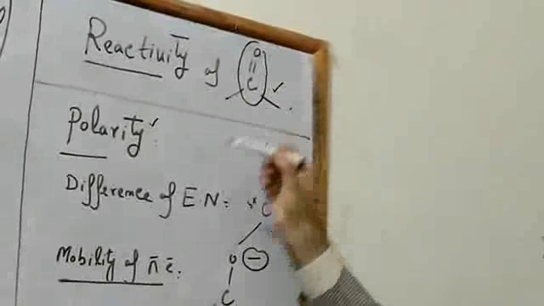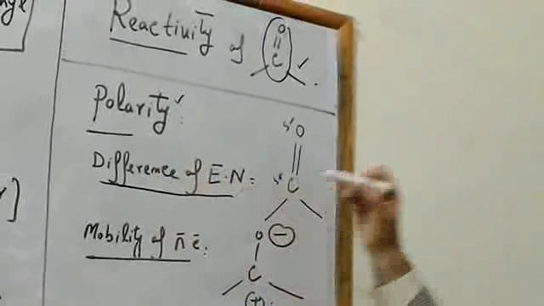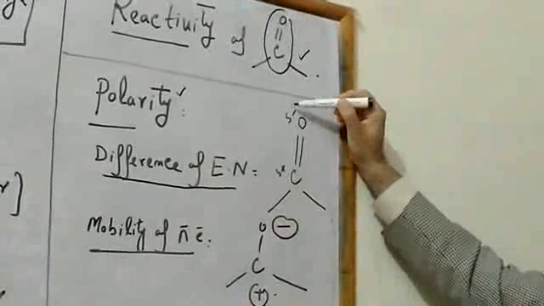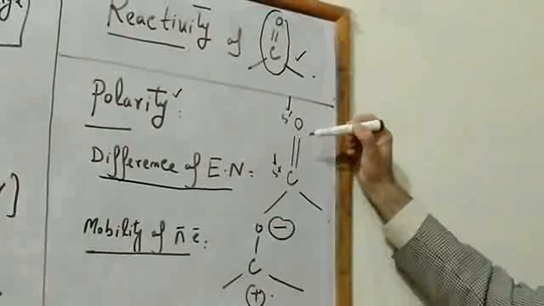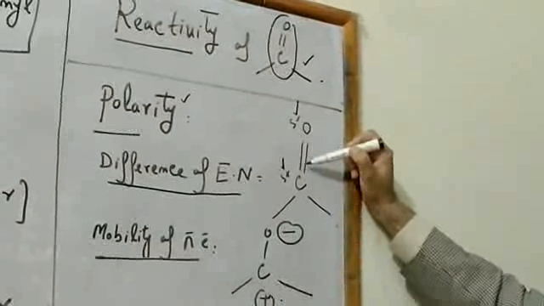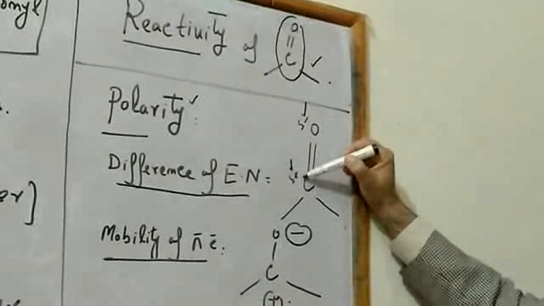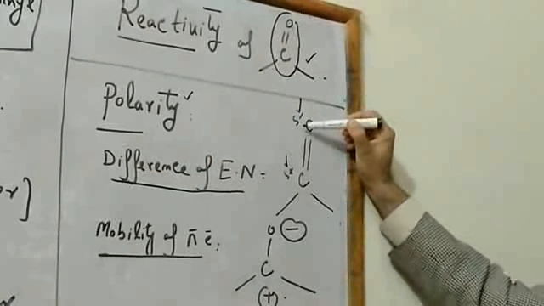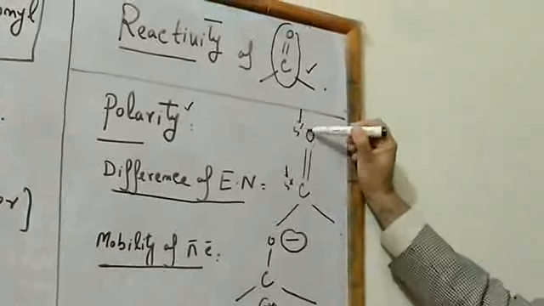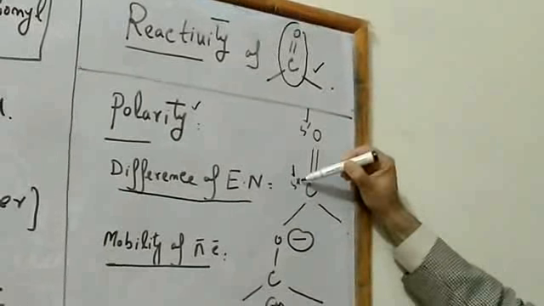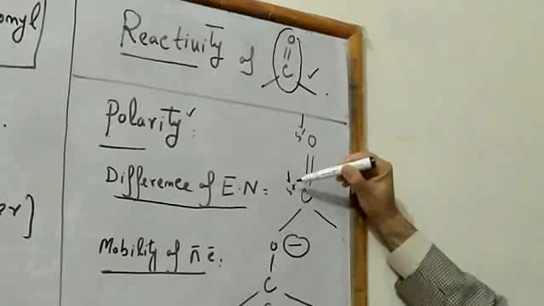One is the difference of electronegativity. Oxygen is more electronegative and carbon is less electronegative. Due to this, the electron will be attracted more toward oxygen than carbon, with the result that oxygen will have a slight or partial negative charge and carbon will have a slight or partial positive charge.